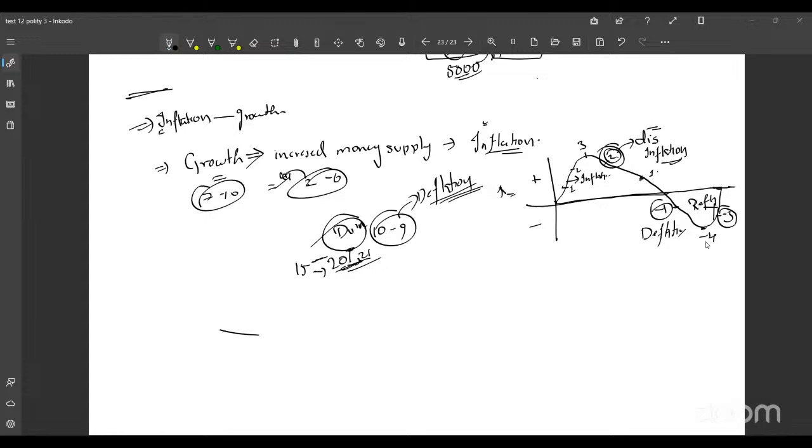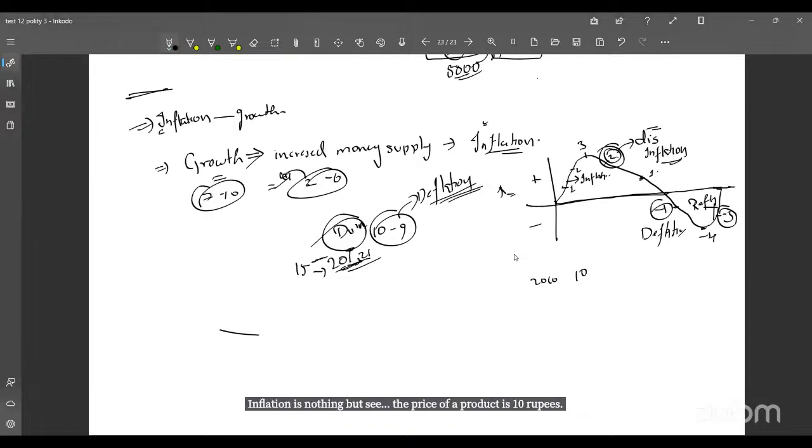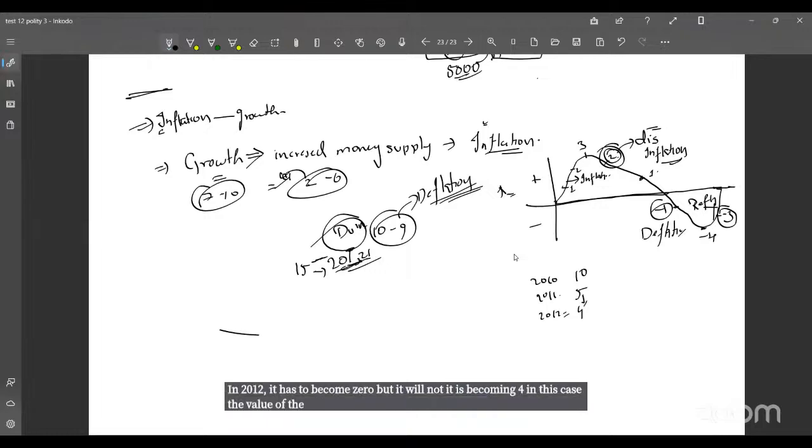Reflation is nothing but, see, the price of a product is 10 rupees, let's say in 2010. In 2011, it has become 5. In 2012, it would become 0, but it will not. It is becoming 4. In this case, the value of the product is decreasing, but not at the usual rate.